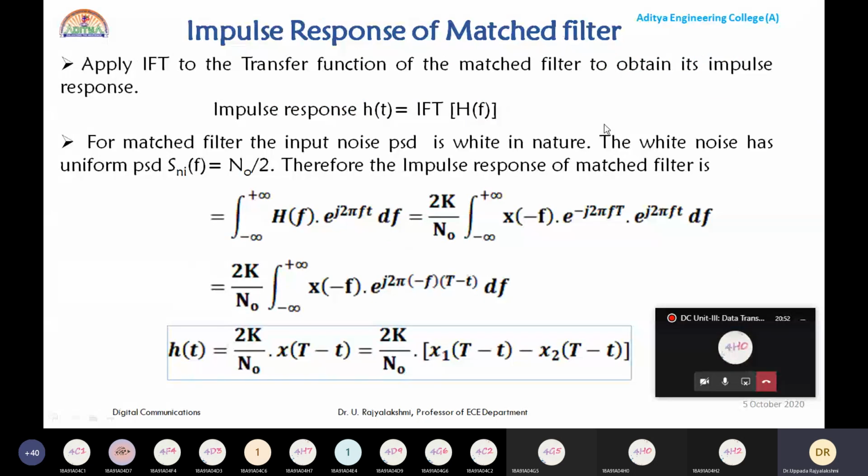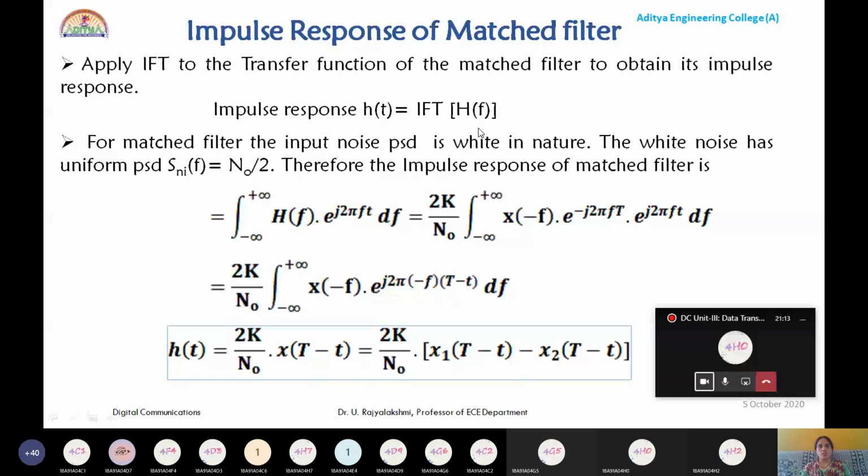So, how can we calculate the impulse response? We can obtain the impulse response of any filter by taking the inverse Fourier transform of the transfer function. The impulse response h of t is defined as the inverse Fourier transform of the corresponding transfer function, where the transfer function is H of f.